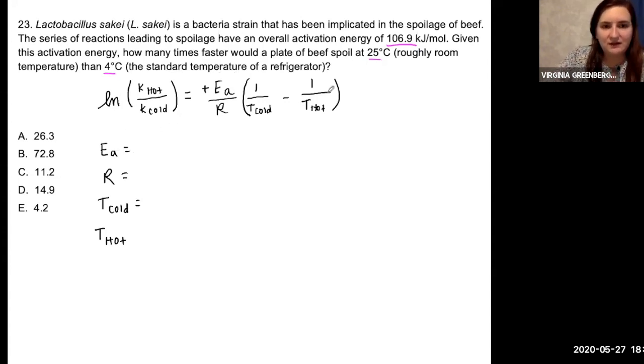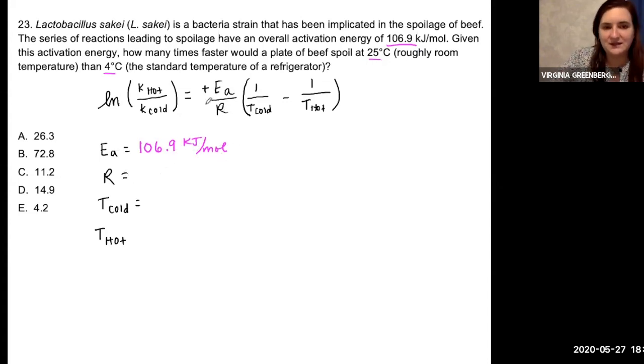And so here I have this equation, and it looks like there's a lot of pieces, so it's always nice to just organize the information to begin. So I have my activation energy. I have then the R value from the data sheet. And I know R has joules in it usually.